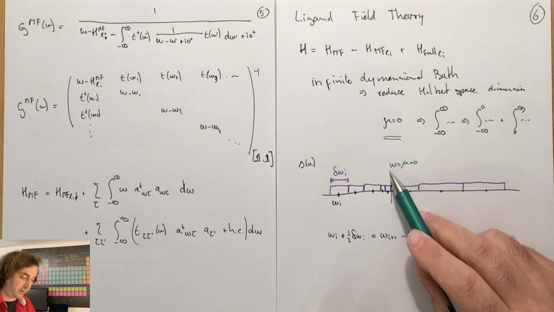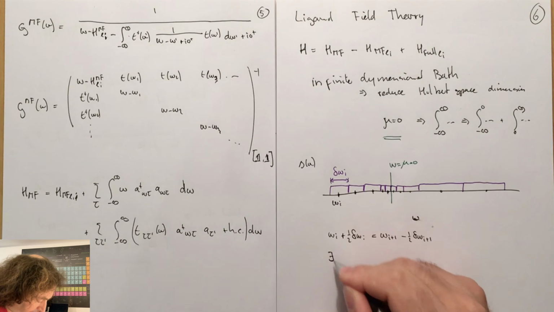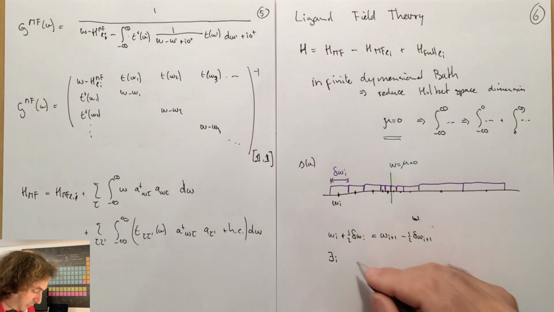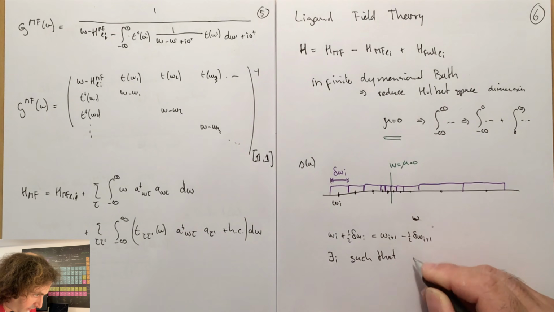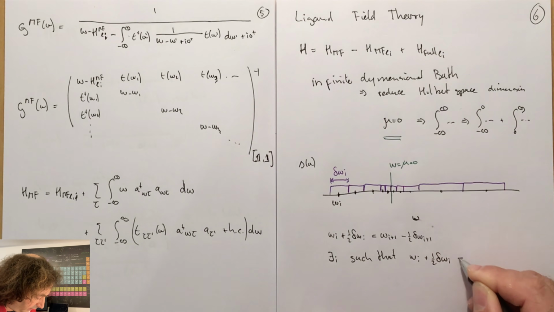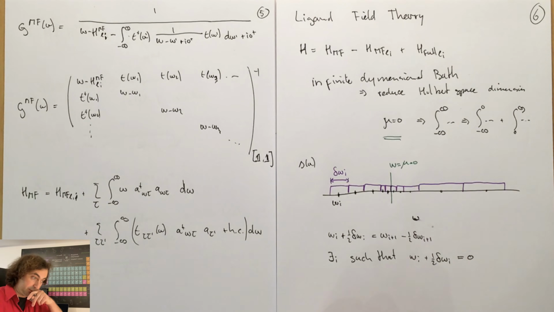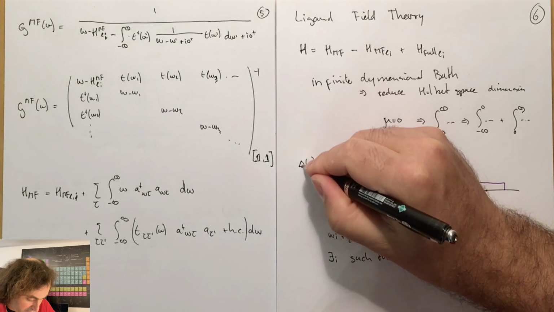So we should have that our chemical potential sits at a boundary between the different bath sites. So there must be an i such that omega i plus half delta omega i is equal to 0. And with that we have defined a sensible way to discretize our hybridization function.